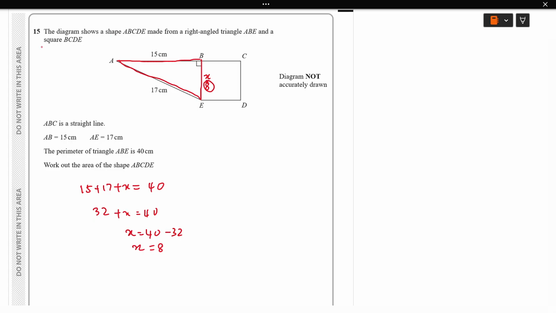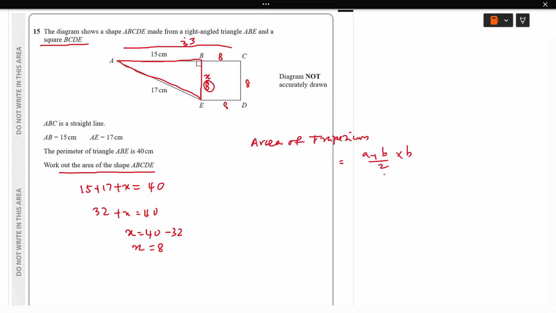Now this is the square BCDE. So here is 8, and everywhere is 8, because in a square all sides are equal. Now we need to work out the area of the entire shape, which is a trapezium. The area of a trapezium is a plus b over 2 times height, where a and b are the parallel sides.